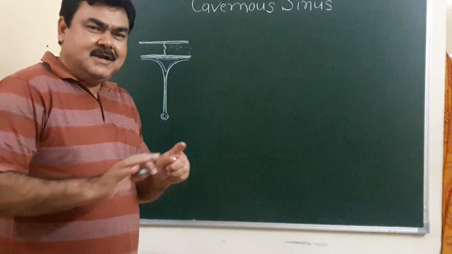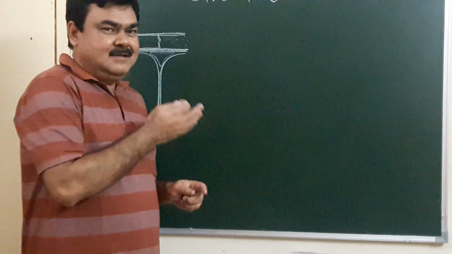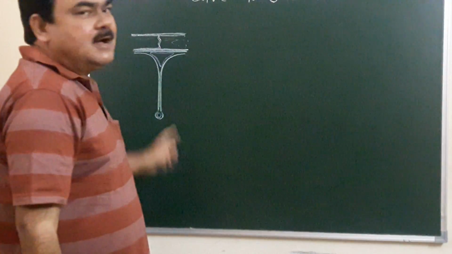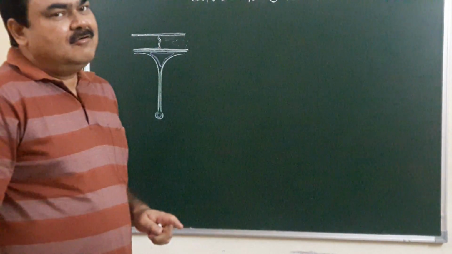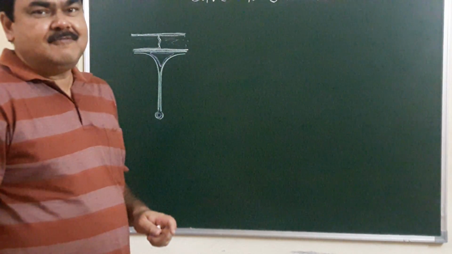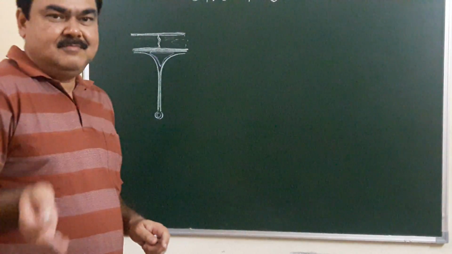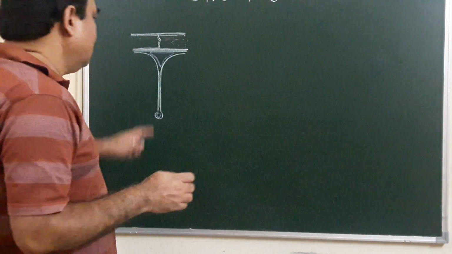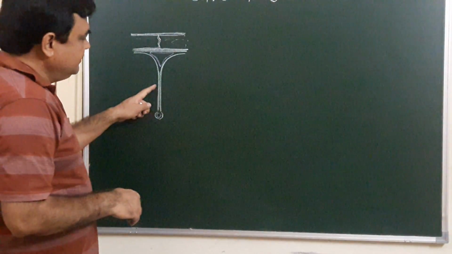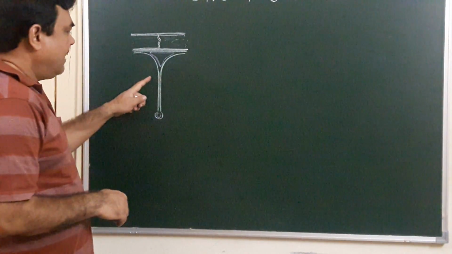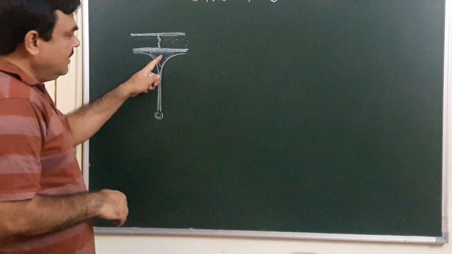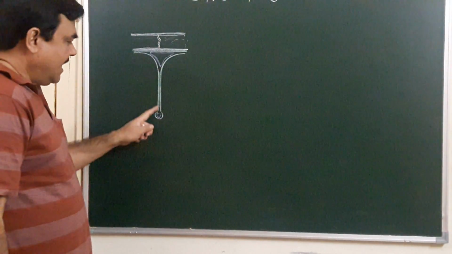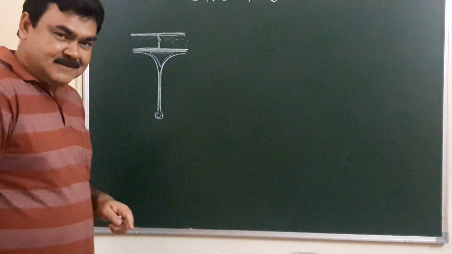So at different places, according to position, this folding of the meningeal layer forms the falx cerebri, falx cerebelli, tentorium cerebelli and diaphragma sellae. So these are the names at the different places of this folding. According to position, this dural venous sinus is the superior sagittal sinus, and this is the inferior sagittal sinus.